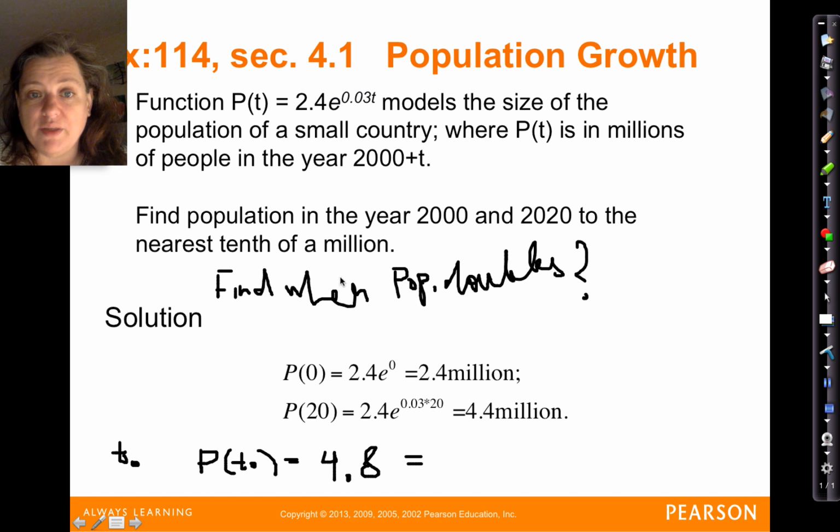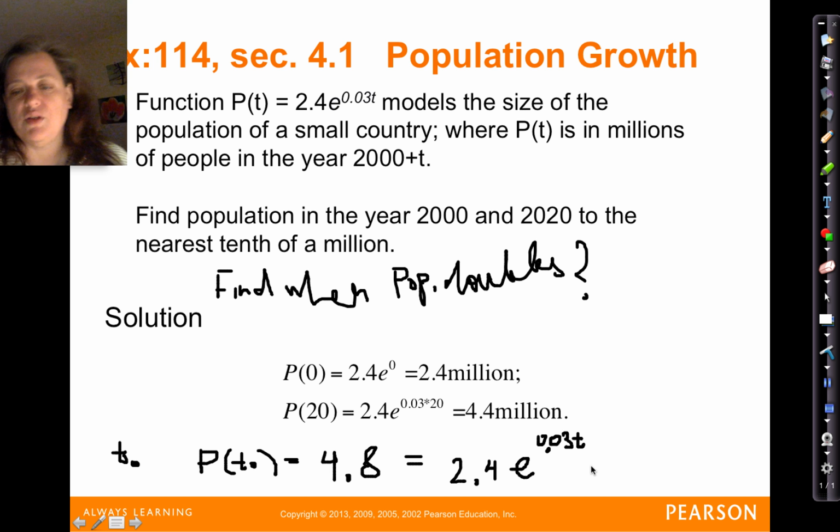Well, I just equate it to this: 2.4 times e to the 0.03t. And then what do I do?